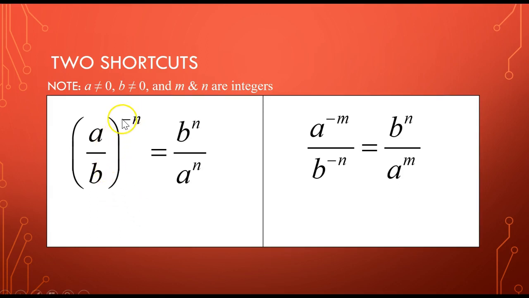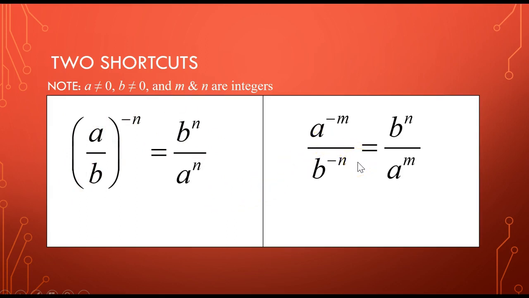Recognizing that we do have a negative exponent and a quotient, what we can do is combine these into one step and say the negative exponent is going to give us the reciprocal, so we would put the b over a. But since we're using the power rule, they each would get the power of n. So this is one way to simplify.